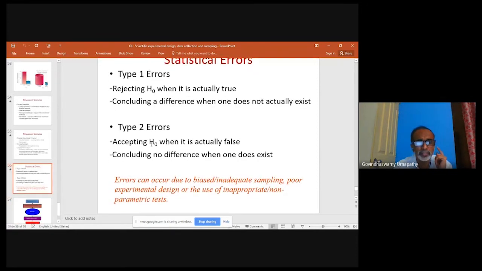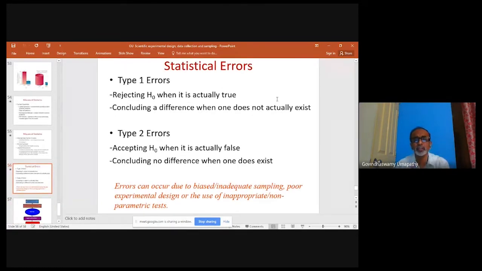And at the end, you may make some statistical errors. Type 1 error is rejecting the null hypothesis when it's actually true, concluding a difference when one does not actually exist. The other one, type 2 error, is accepting the null hypothesis when it's actually false. You need to be very careful while writing any final inference.